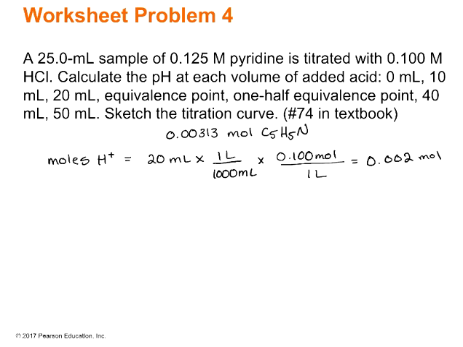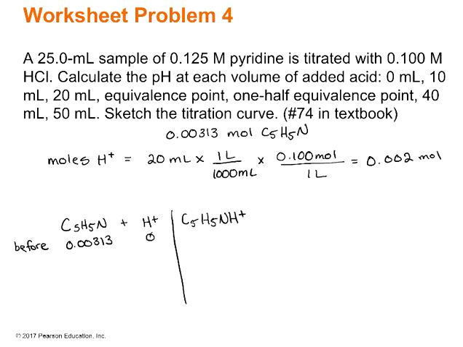So let's make our same table that we did before. Before adding any acid, we had 0.00313 moles of pyridine. We didn't have any acid present or any of our conjugate acid present. And then we added 0.002 moles of hydrogen ions, or our strong acid.